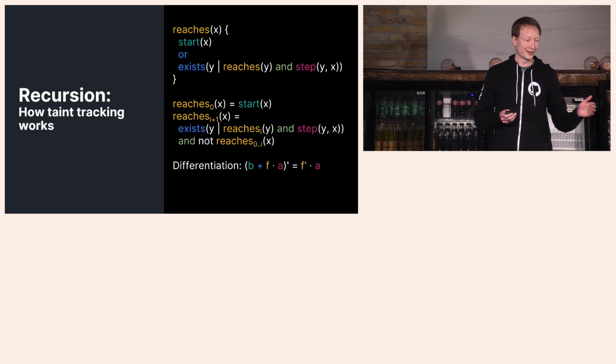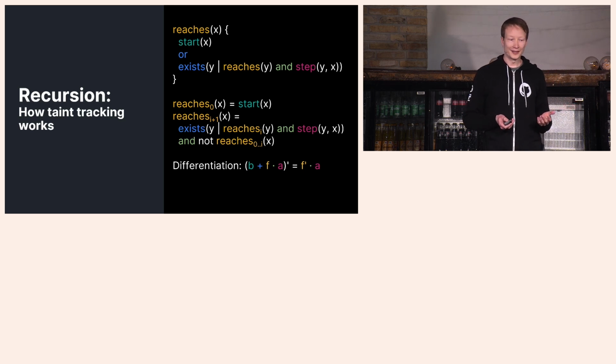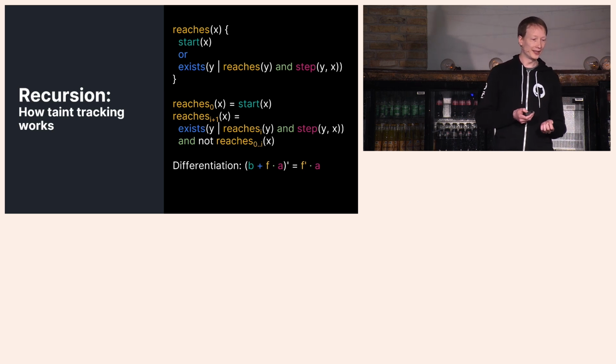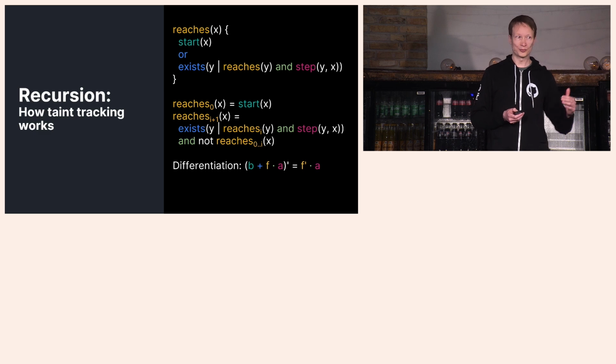In this case, we're differentiating start plus reaches and step, and the color codes correspond to the math at the bottom, where if you have a constant b plus a variable function f multiplied by a constant a, then the way you differentiate it is you differentiate f and multiply on the constant a, and that corresponds to what we saw in the transformation here.